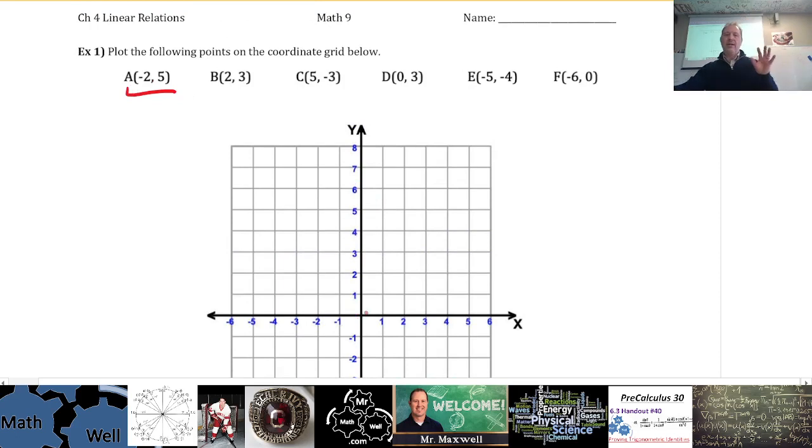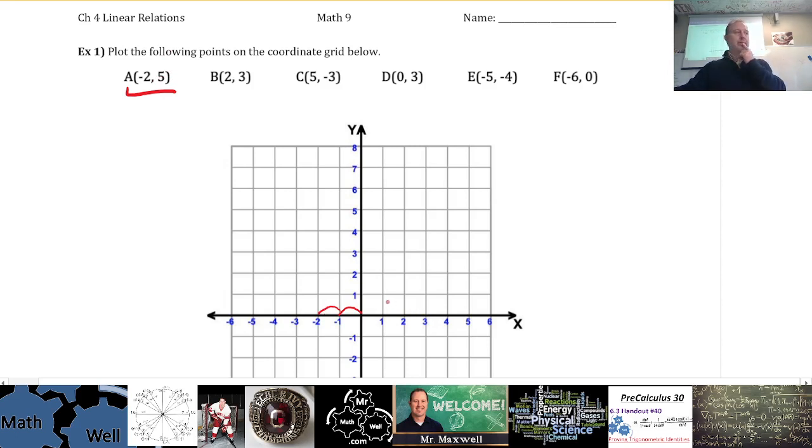That's where I start, and I don't place any points yet, but I would start here, and I'm going to go 2 units to the what? Left. And so what you can do is kind of sketch, hey, there's a jump of 1, there's a jump of 2. So I have to go 2 units to the left. Now we're going to erase these little jumps later, but this is a good way to show it. And then positive 5 for the y value means to go which direction? Do I go right again because it's positive?